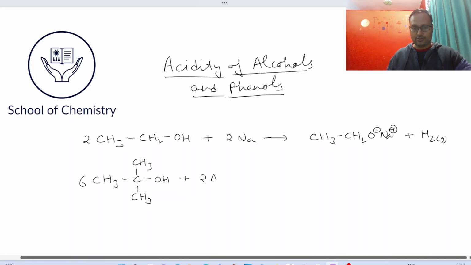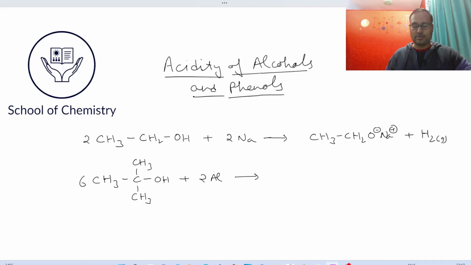So we'll be taking two aluminium atoms, reacting with this 2-methyl propan-2-ol, and we are getting O negative, and this should be whole thrice, and aluminium, and 2 over here, plus 3H2.